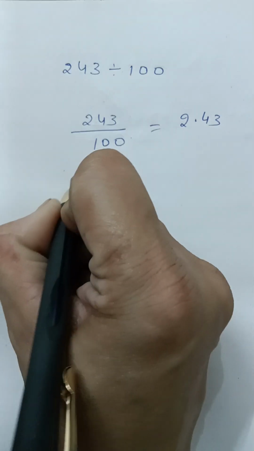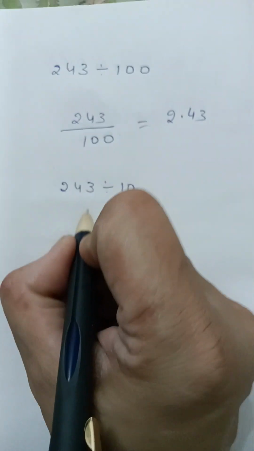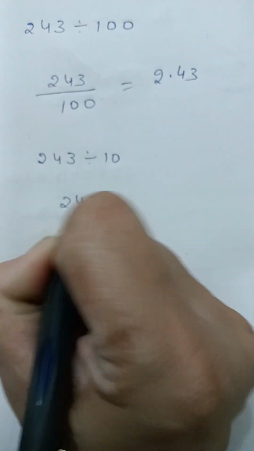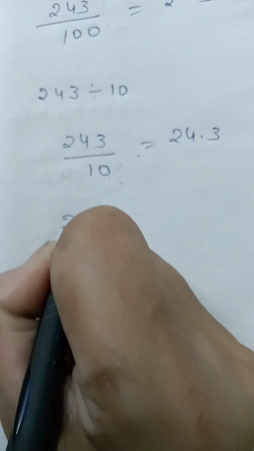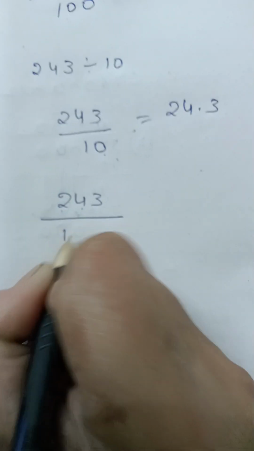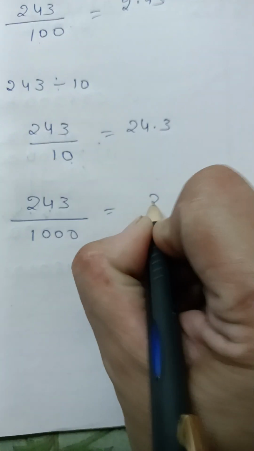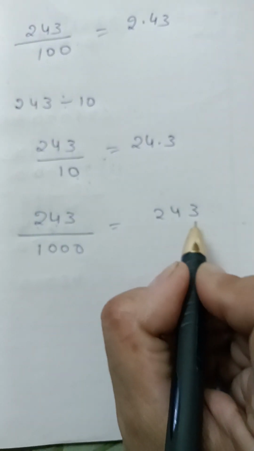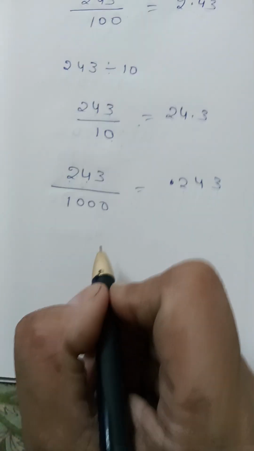For example, if I had the same question divided by 10, it would have been 243 upon 10, only 1 zero, so it would become 24.3. Or if it was 243 divided by 1000, there were 3 zeros, so start counting from behind, 1 2 3 and put a decimal here.